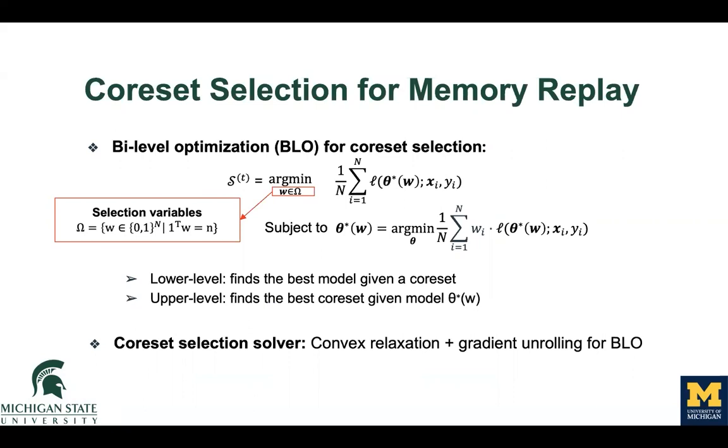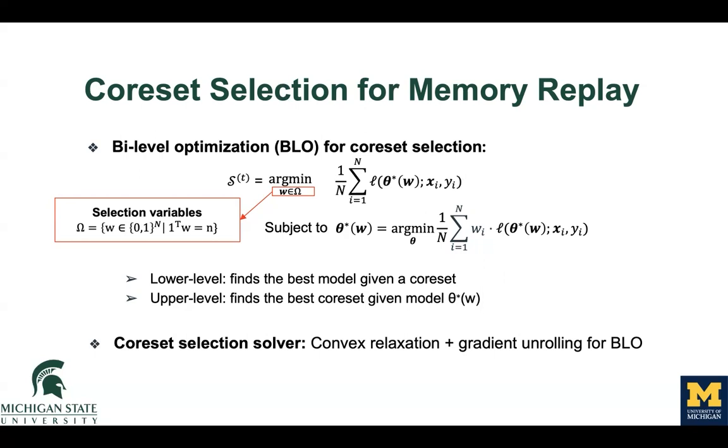The lower level is finding the best model given a coreset W. The upper level is finding the best coreset given the model theta star W. The selection variable is W, and there are some constraints on W. Each element of W should be 0 or 1, and the sum of W should be equal to n, and n is the size of the coreset.